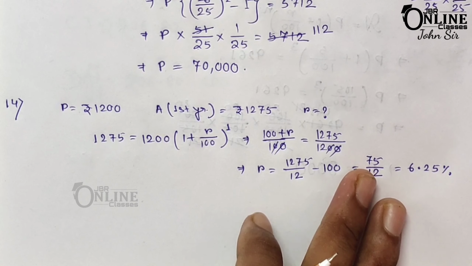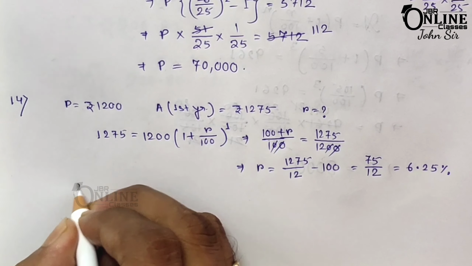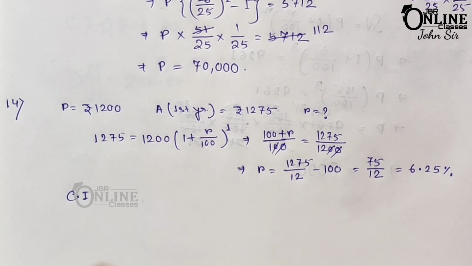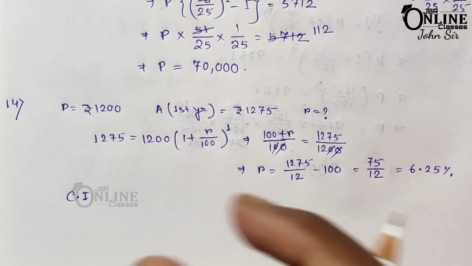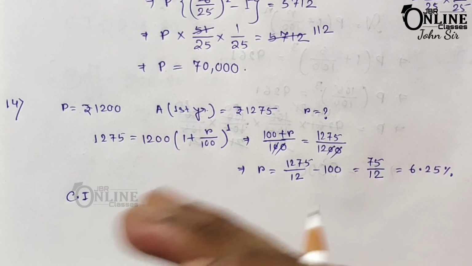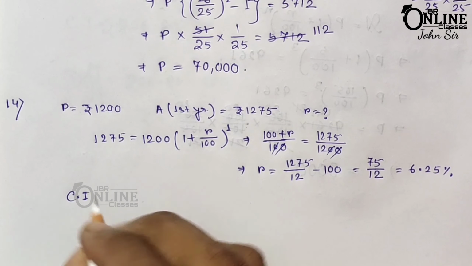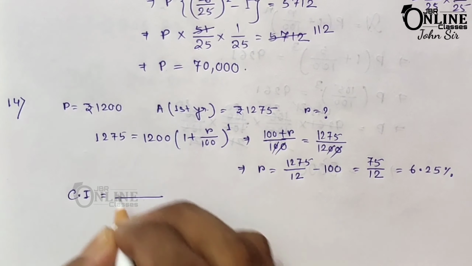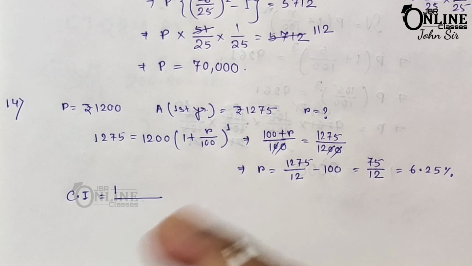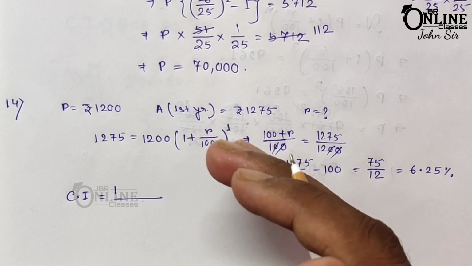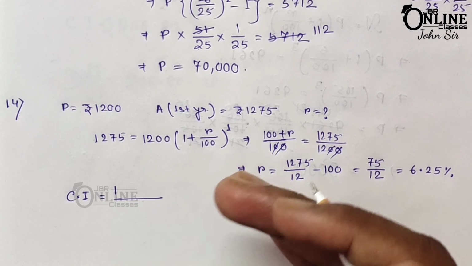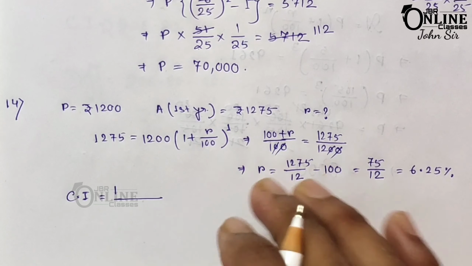Now you have to find the CI, that means compound interest for only the second year. To find the interest for only 1 year, second year means 1 year only, so you can directly apply the simple interest formula. Now the principal will be changed, because in compound interest after each and every year the principal will be changed.